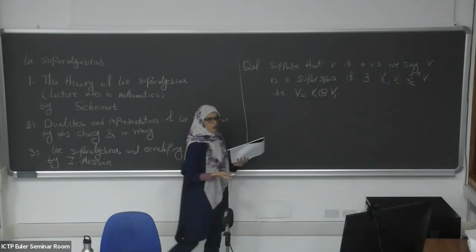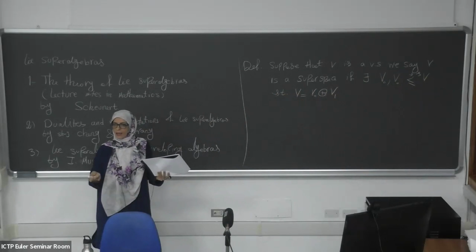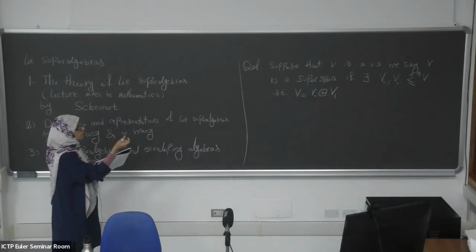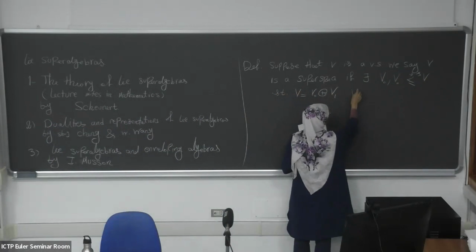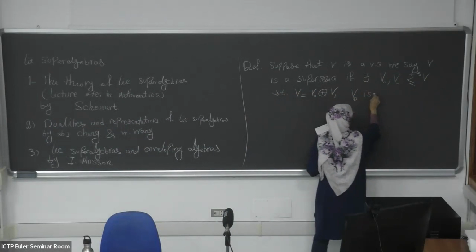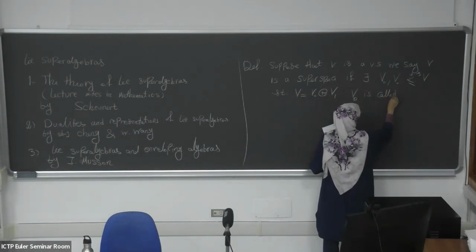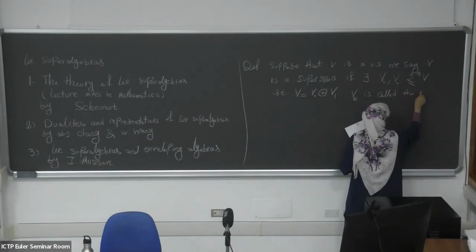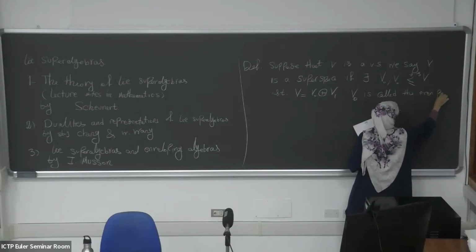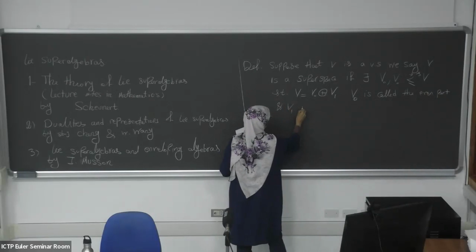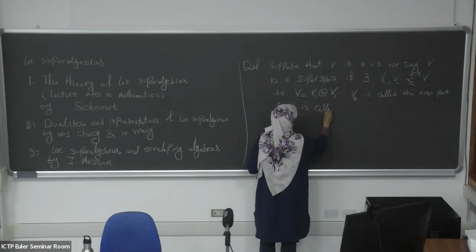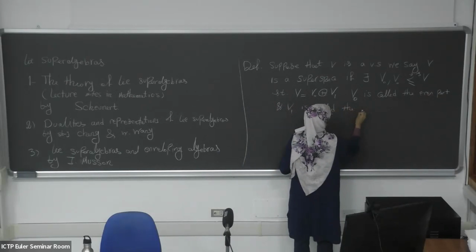So a superspace is just a vector space with a decomposition into two subspaces. V0 is called the even part, and V1 is called the odd part.